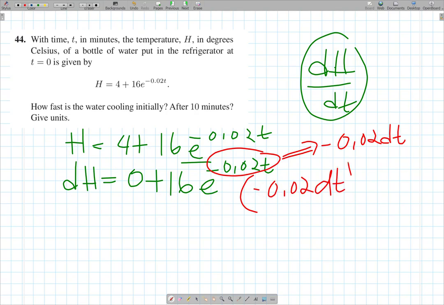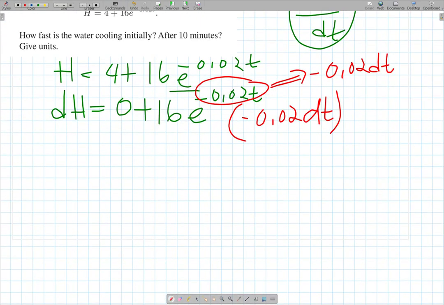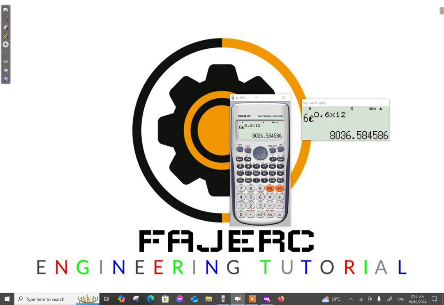Simplifying, dH is equals to 0, that is gone. So we can multiply this one, negative 0.02 times 16.